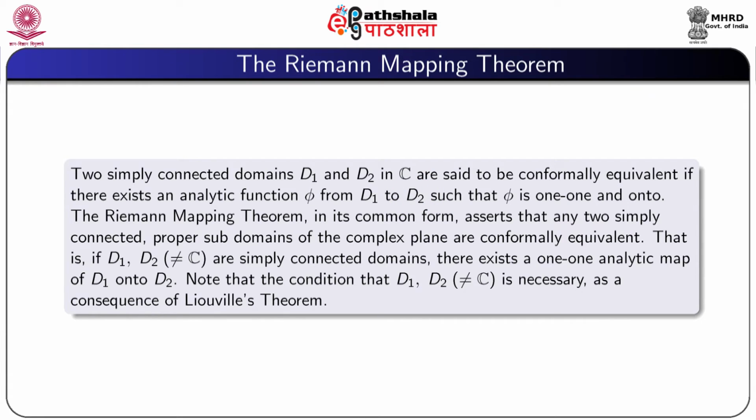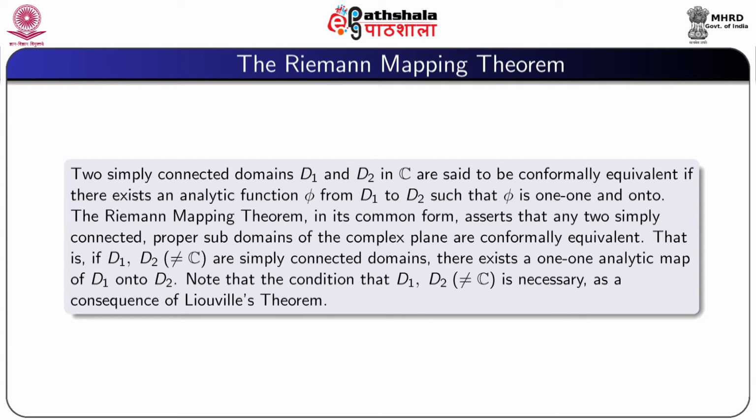The Riemann mapping theorem in its common form asserts that any two simply connected proper subdomains of the complex plane are conformally equivalent. That is, if D1 and D2, which are not the whole complex plane C, are simply connected domains, there exists a 1-1 analytic map of D1 onto D2.